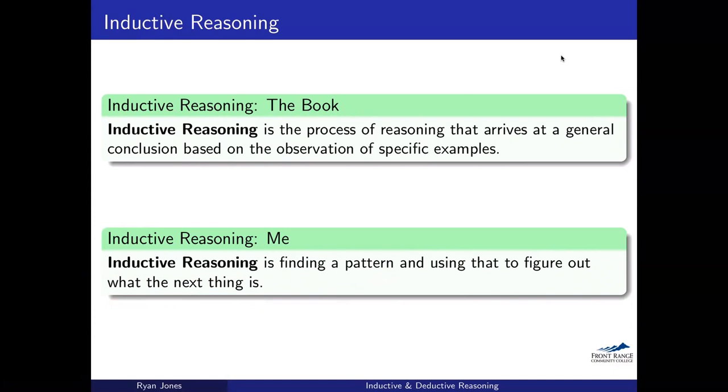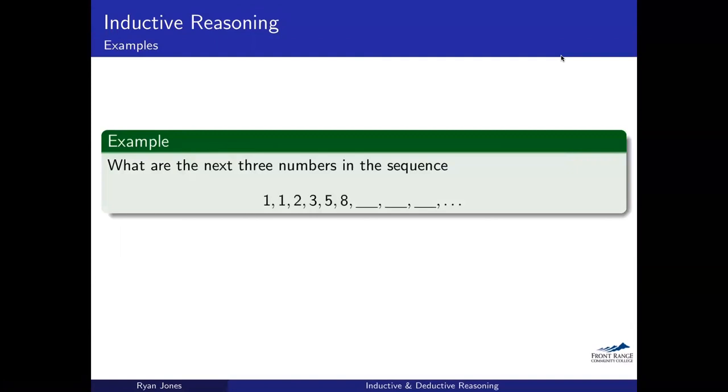So we could start off with a good example here, and I could just give you a bunch of numbers in a row, and these seemingly have no pattern. There's no rhyme or reason to them, but if we look carefully, we'll notice what's actually going on. So let's go ahead and look here. I go from 1 to 1, and then 1 to 2, and then 2 to 3, 3 to 5, 5 to 8.